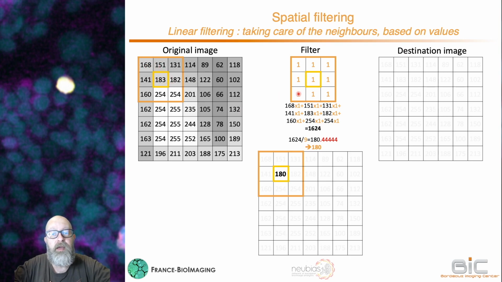So this is why I will normalize this result by dividing by the sum of all the coefficients I've got within the filter grid. I will end up with a number with decimals, but decimals can't be stored into an 8-bit image where you only have integers. This is why you will drop everything that is after the dot. The new computed intensity is 180, and I will put it on the destination image.